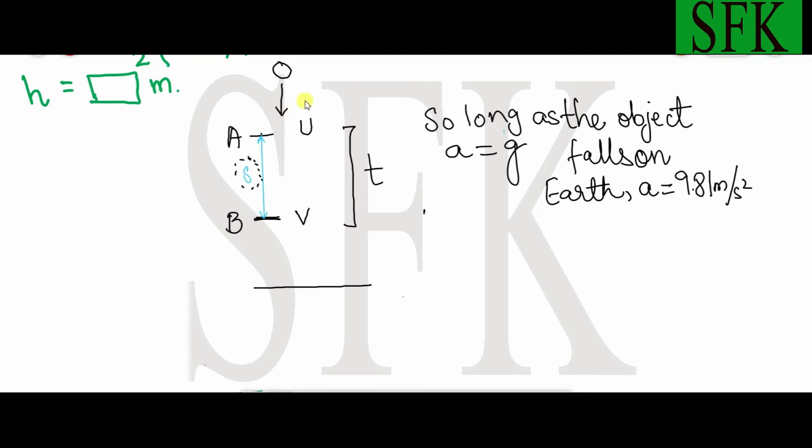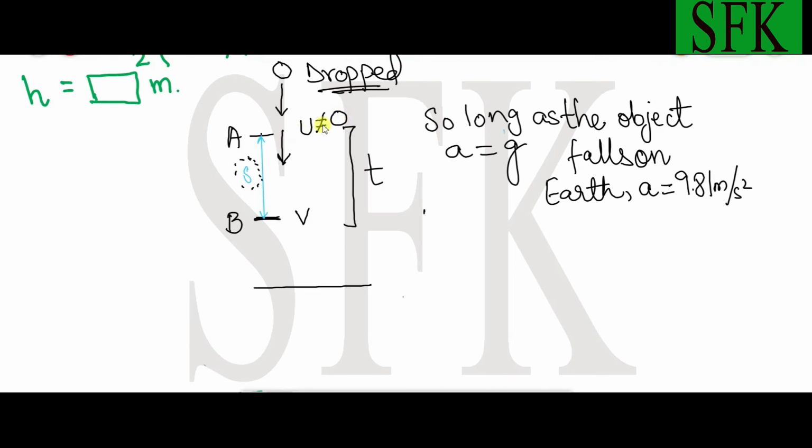In this case, the ball, although it was dropped from up here, its initial velocity will not be considered to be zero, because the initial velocity of the ball is that velocity with which it passed the first checkpoint A, and that velocity is not going to be zero.